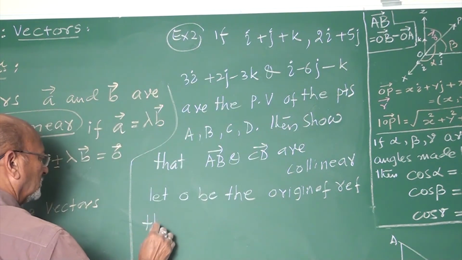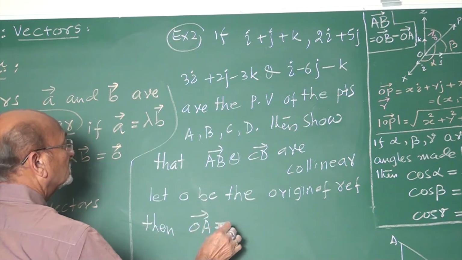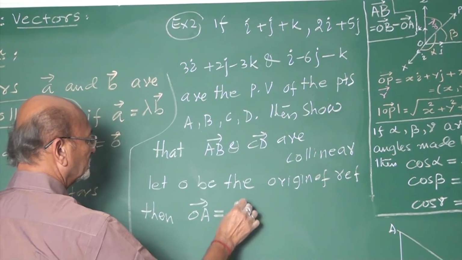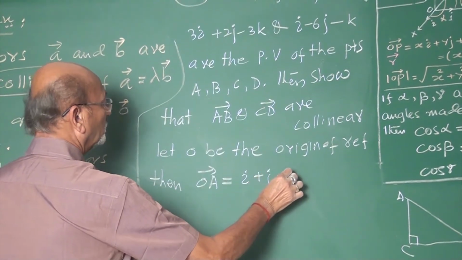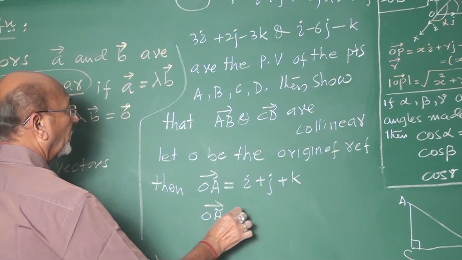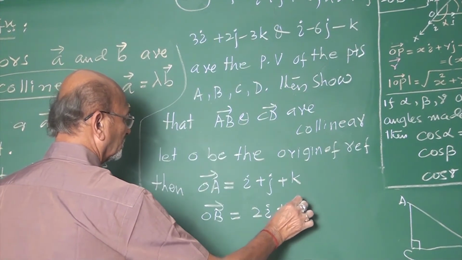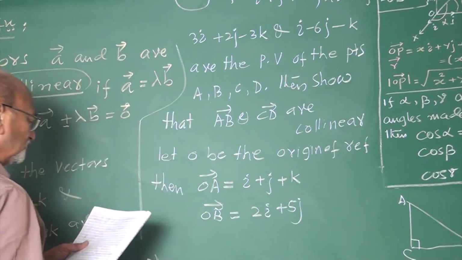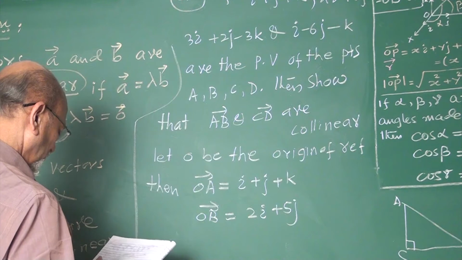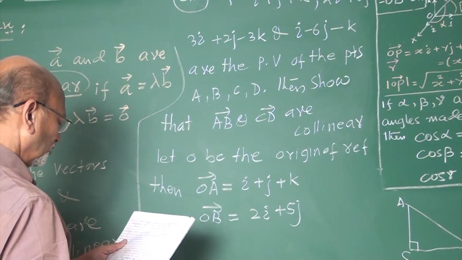Then vector OA, the first vector, is i plus j plus k. Vector OB is 2i plus 5j, and there is no k term. When there is no k term, you can take it as 0 times k.